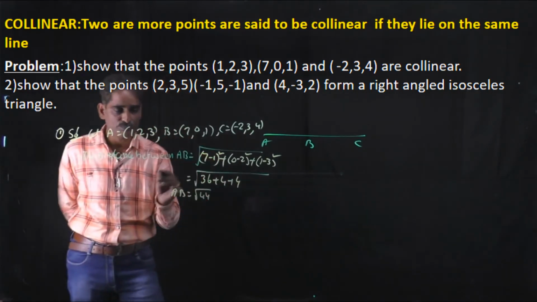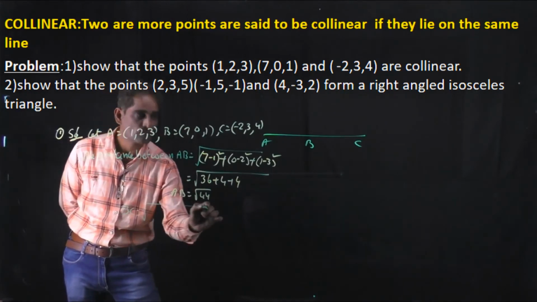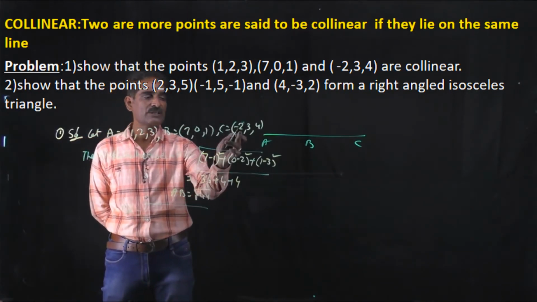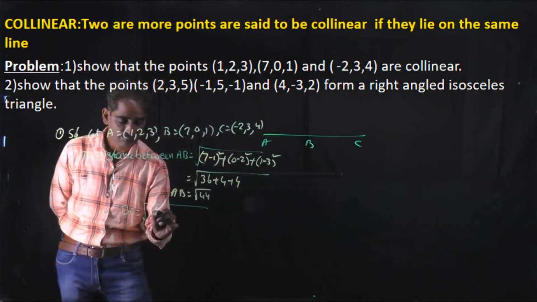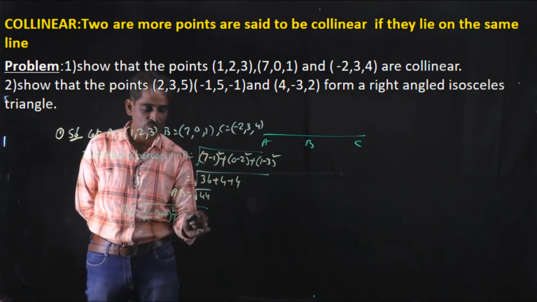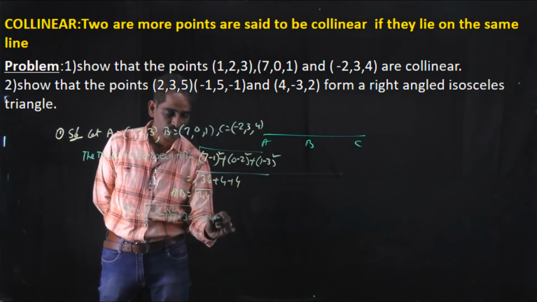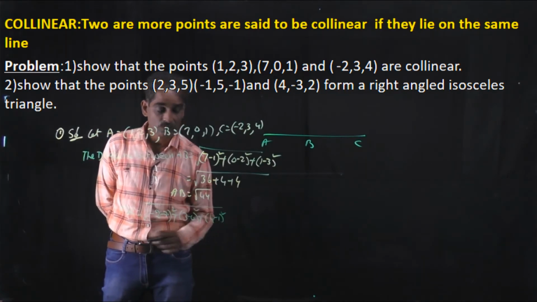Just find the length of BC. So BC is equal to, for B and C, (x2 minus x1) whole square, that means (-2 minus 7) whole square, plus (y2 minus y1) whole square, (3 minus 0) whole square, plus (4 minus 1) whole square. So what about the length?